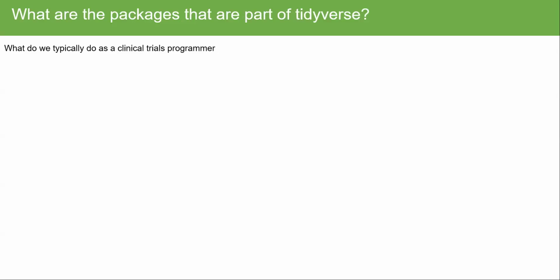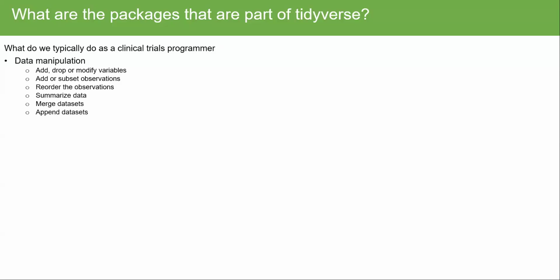So what are the packages that are part of Tidyverse? What do we typically do as a clinical trial programmer? We'll try to associate with the task that we do, and then we will try to associate the packages that are available with the Tidyverse with those tasks first. So we do data manipulation. What do we mean by data manipulation? We will be adding, dropping, or modifying existing variables.